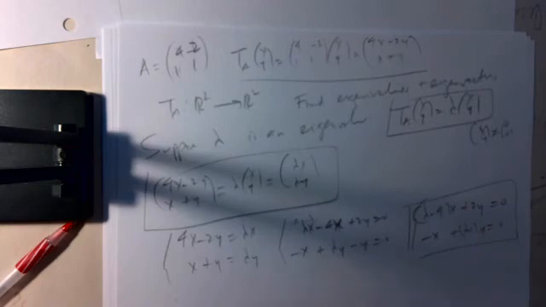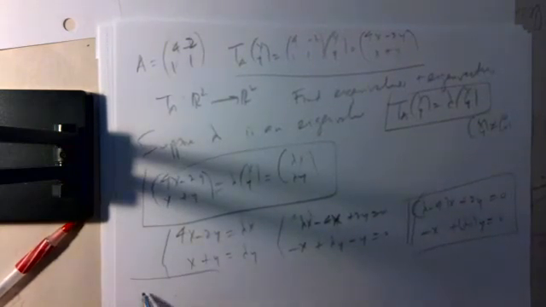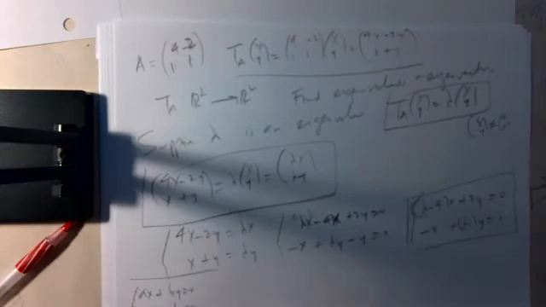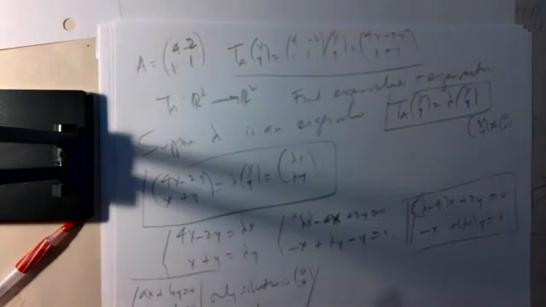Now, what you're supposed to have learned in high school is if you have ax plus by equals 0 and cx plus dy equals 0, the only solution is (0, 0), and that only happens precisely when the determinant AD minus BC is not 0.